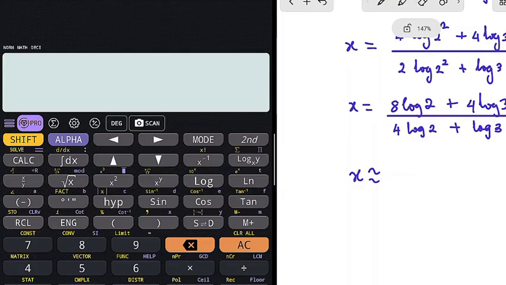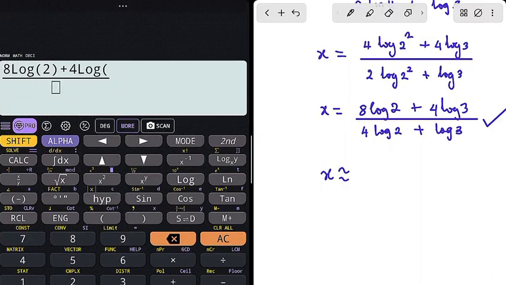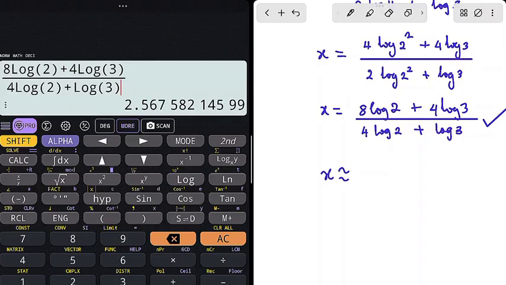Now we have 8 log 2 plus 4 log 3, divided by 4 log 2, plus log 3. So you can see that we have 2.56, let's say 8 approximately.